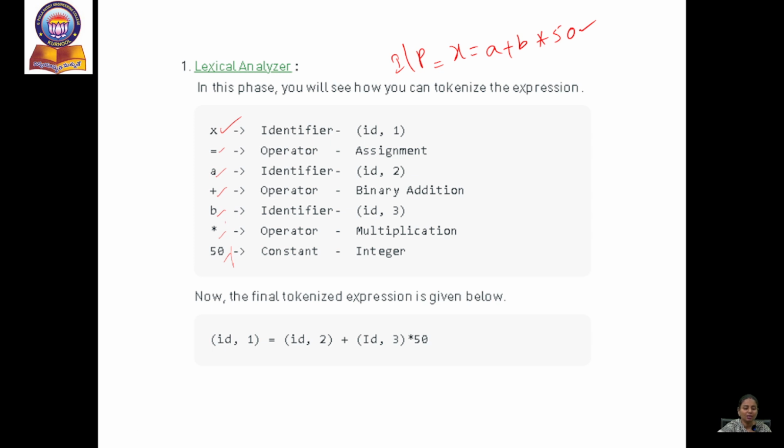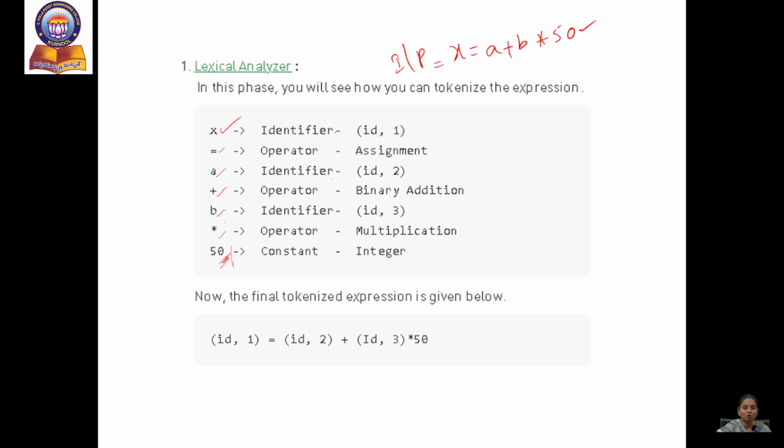Here x can be considered an identifier, is equal to is an operator, a and b are also identifiers, plus and into are operators, and 50 is a constant. For clarification I have shown how the parse tree can be built. The identifiers are given in sequence: x is identifier 1, a is identifier 2, and b is identifier 3.